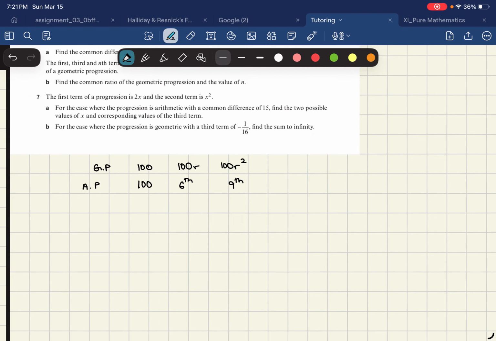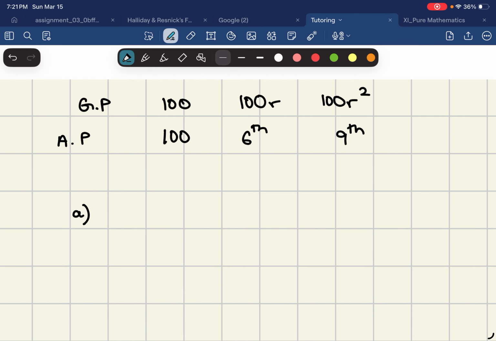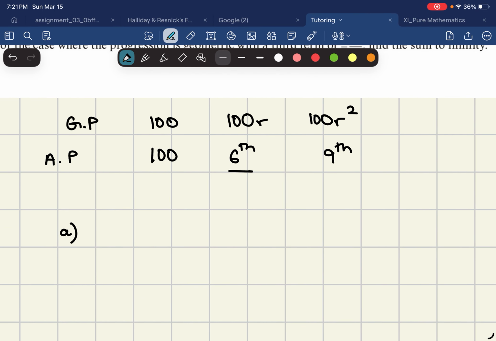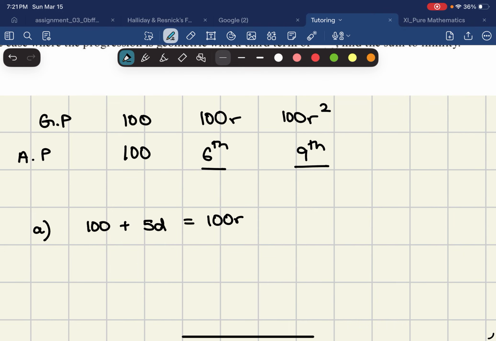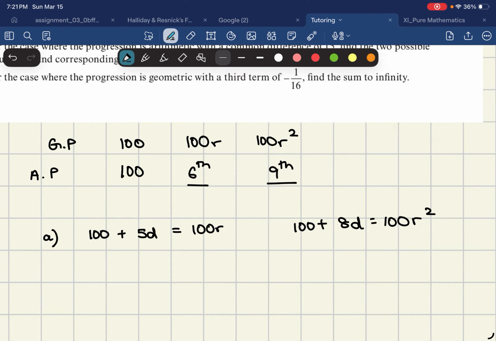So we are asked, it's a very similar type of question. So it says find the value of r. All right. So the sixth term of an arithmetic progression, that would be a plus 5d, right? 6 minus 1 times d. So a is 100, and that is 100r. And from this equation, I know the ninth term is just a, 100, plus 8d. And that is equal to 100r squared. All right.